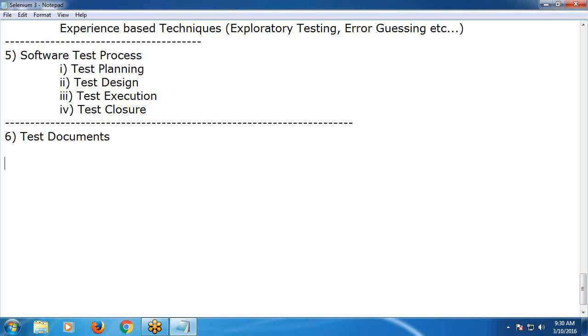Before the test plan, observe, requirements are not test documents. Functional requirement specification is not a test document, but you asked where the requirements are coming from. Forget about that. We are asking for test documents. Just list out test documents.